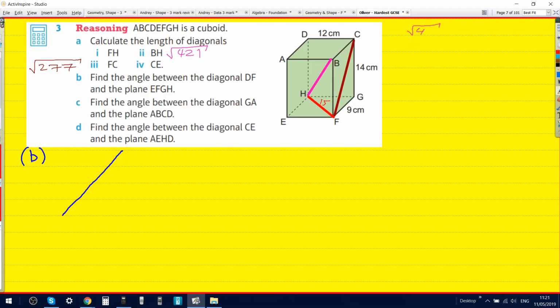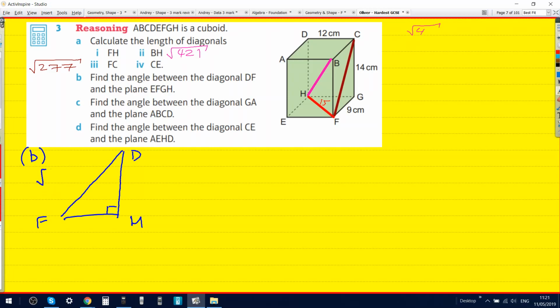Well, the length of that is root 421, the diagonal. We know all three lengths, and we know one angle is right angled. So it'll just be trig to find the angle. What was D to F? E to F is root 421.